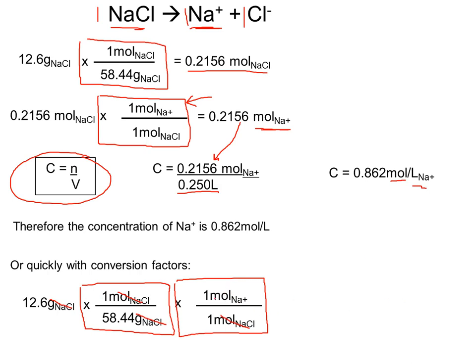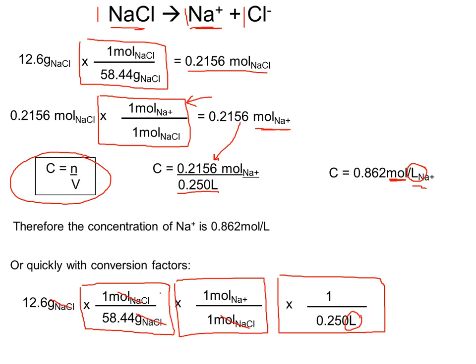So I already have moles as a numerator. That's where I want it to stay. I don't want to divide by it. So my next conversion factor, let's see, it ends up there. I don't want to get rid of moles, but I do need to have, because this is concentration, liters on the bottom. So what I'll do is I'll use the volume I'm working with, which is here written in liters. I'm going to use it as a denominator. Same thing as dividing by 0.250 liters.